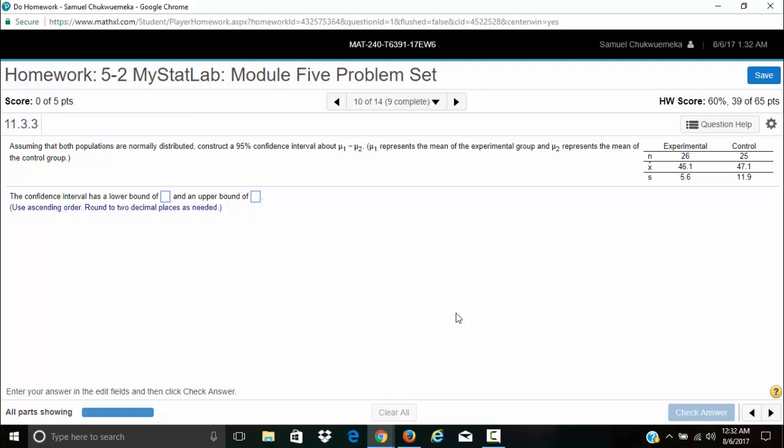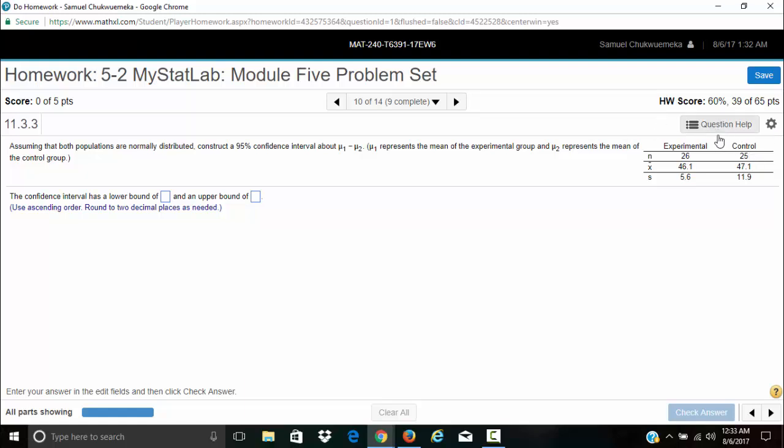You have the experimental group and the control group, so these samples are not matched pairs. They did not give us the population standard deviation, so we will still use our T stats. And of course, the requirement is that both populations are normally distributed.